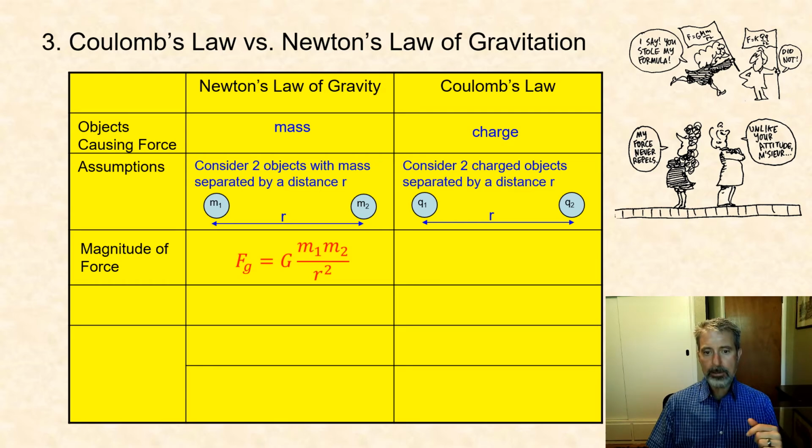In the case of gravity, the force is directly proportional to the proportionality constant, big G, times the product of the masses, and inversely proportional to the square of the distance between these objects.